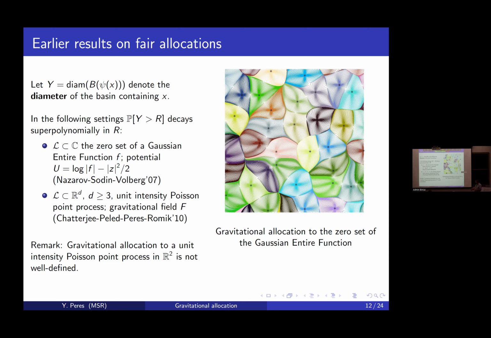When you have an analytic function, there's a natural potential associated with the function, which is its logarithm. So they did a remarkable analysis of this case, and this was a guideline for all the later work.